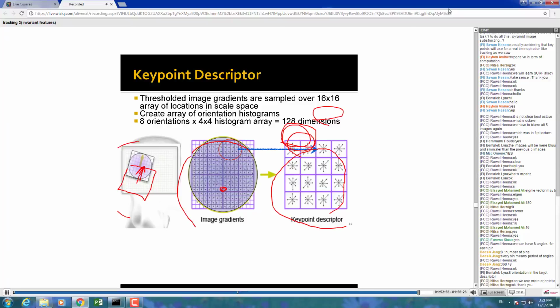And it can be scale invariant, right? Because we extracted this information based on the scale space of DoG. So we have considered multiple levels of scale. Basically we are collecting these key points from several different levels of scale, right? So when we change the scale of the image, the key points are overlapping in terms of scale.